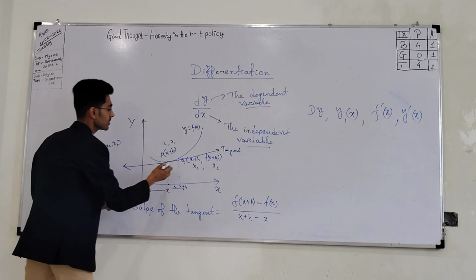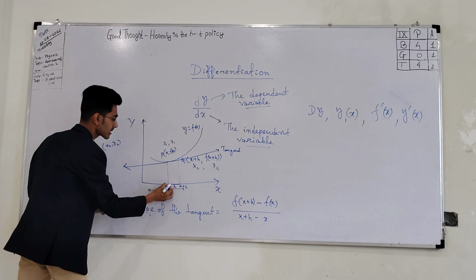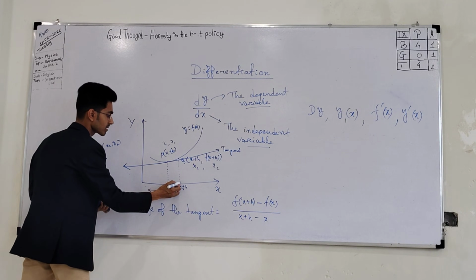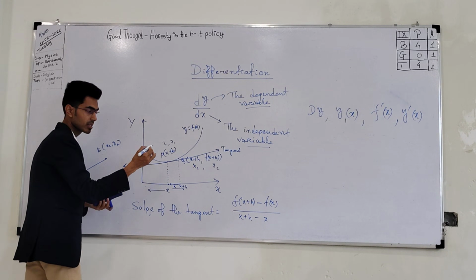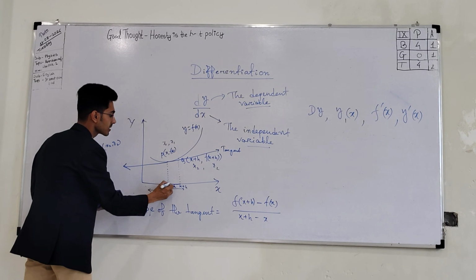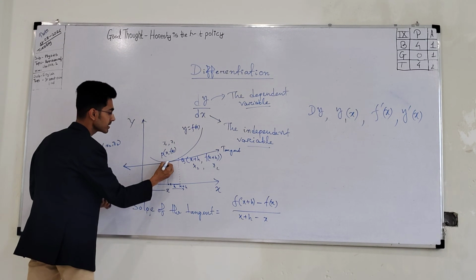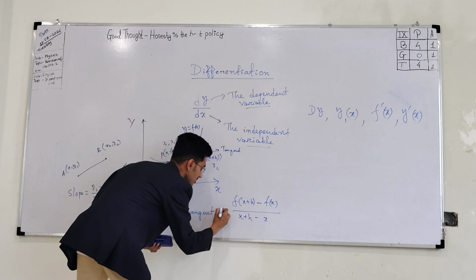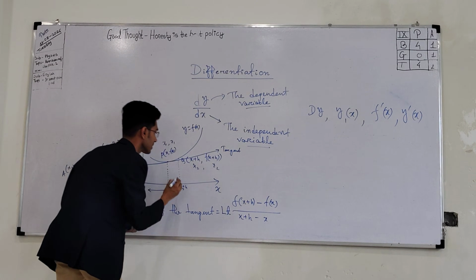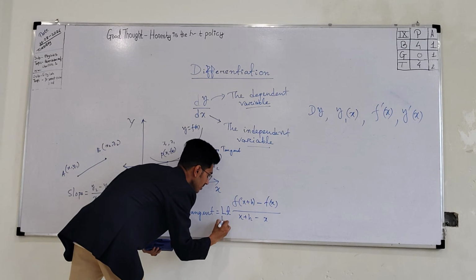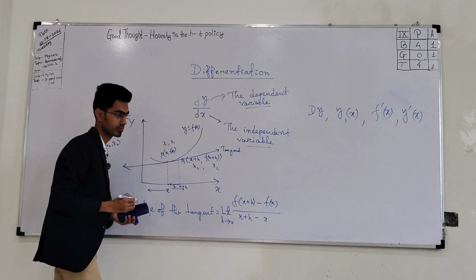Now if we reduce that length h, the 2 points will collide. If the 2 points collide, then we get a single point, and we can draw a tangent at that point. So we have to take the limit, h tends to 0.